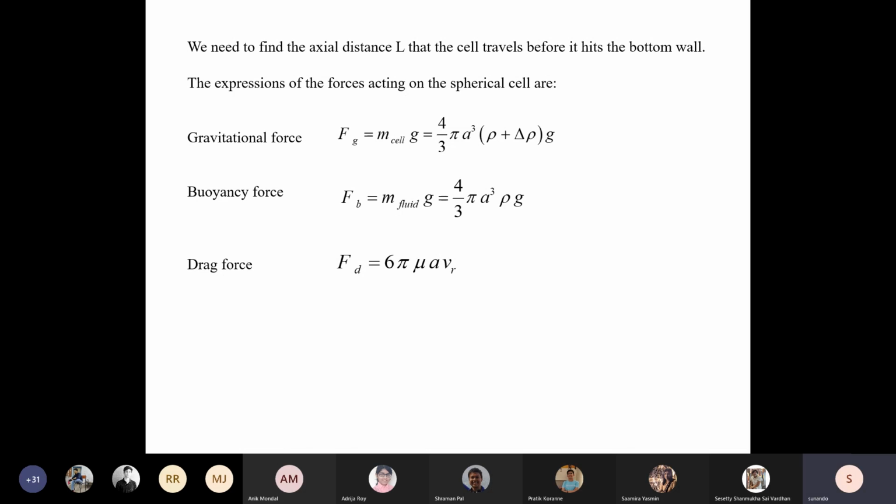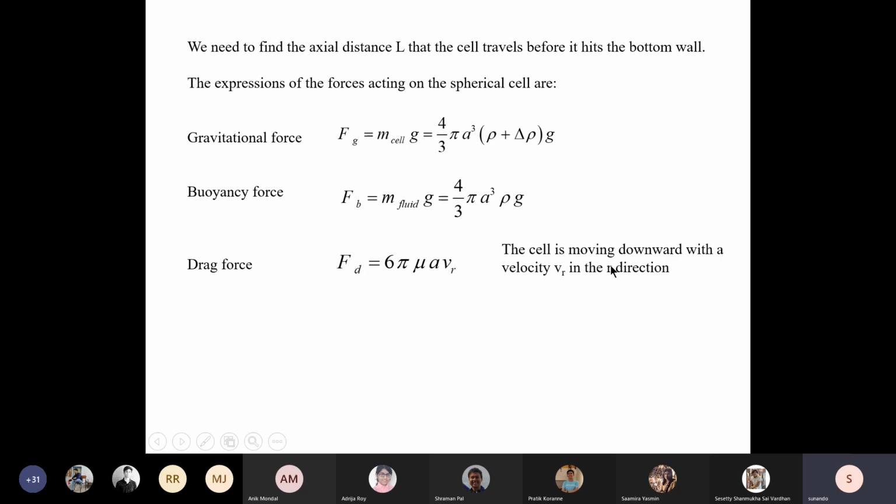What velocity should I use? Is it the velocity of the fluid? Terminal velocity. Terminal velocity, and it's the velocity in the r direction. Velocity in the increasing r direction that I need to use, not the local velocity, which is principally in the z direction. Okay, so that is something which we need to keep in mind.